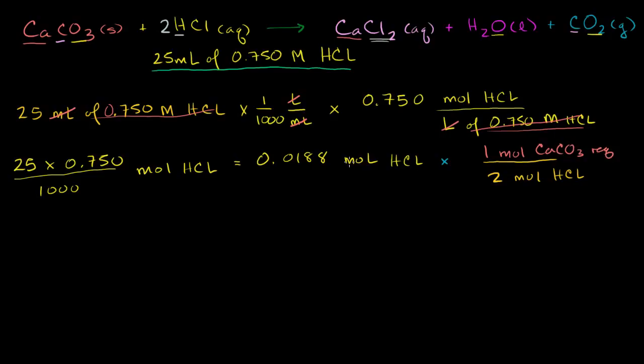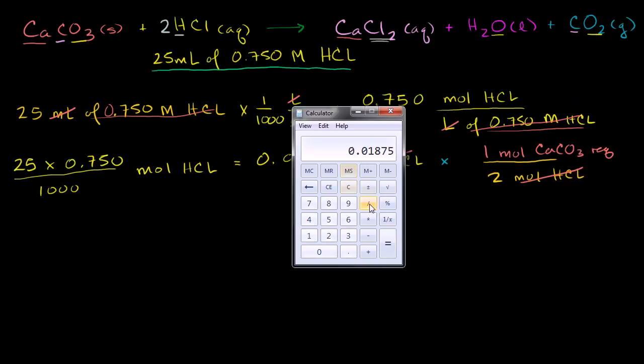And so these moles of hydrochloric acid are going to cancel out with the moles in the denominator. And we're essentially just going to take this number, multiply it by 1, and divide it by 2. Or just essentially divide it by 2. So I could just take the original number right here and divide it by 2.